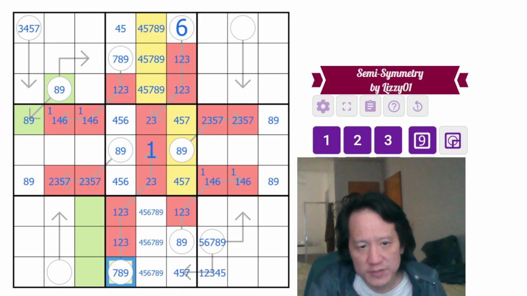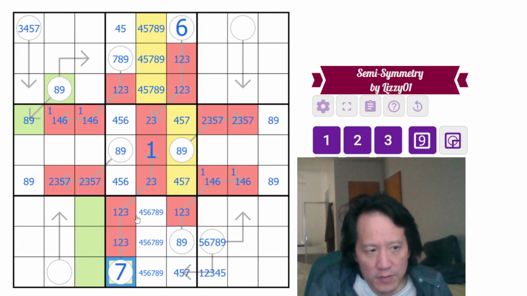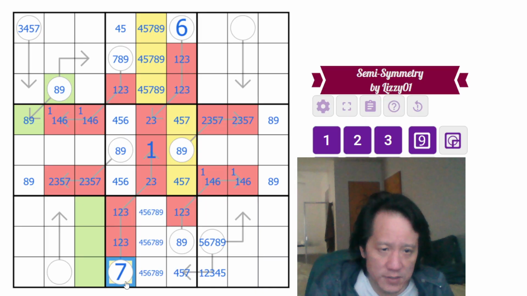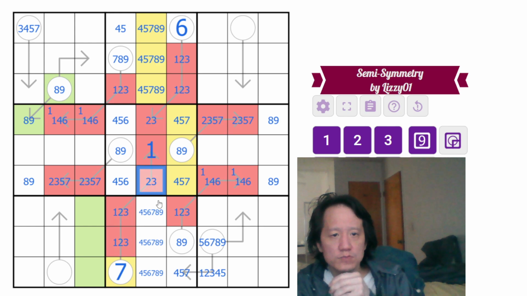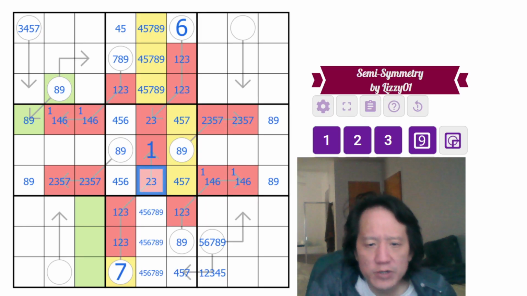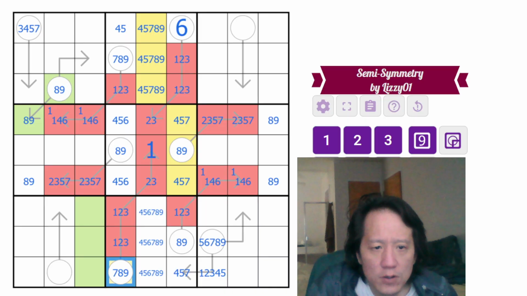Can this be 7 is the question. If this is 7, one of these is 3. We don't know which. If this is the 7... Oh, wait, we know exactly... Yeah, well, no we don't.